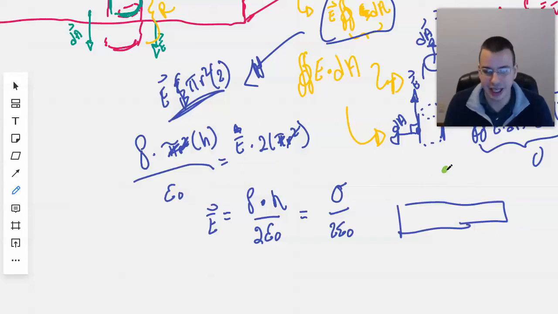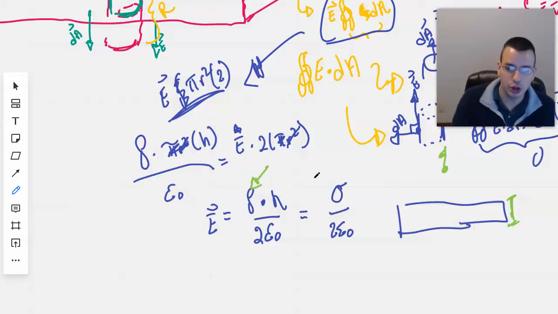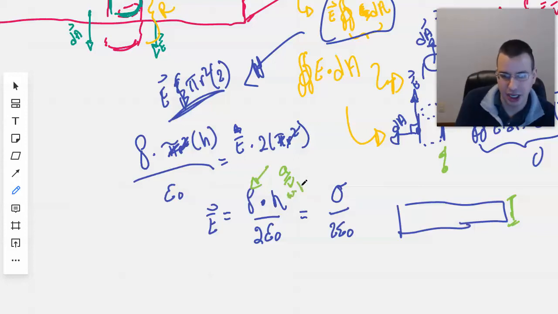And this is saying that the electric field at this point has to do with the charge density and how thick the plane is. Which is, density is, what is it? Q divided by volume. And volume would be, let's see, width times height times depth.